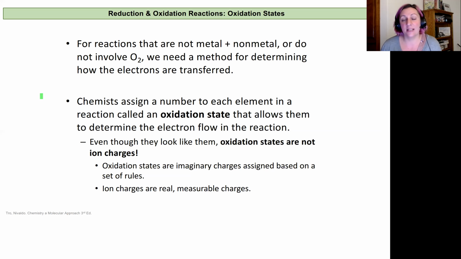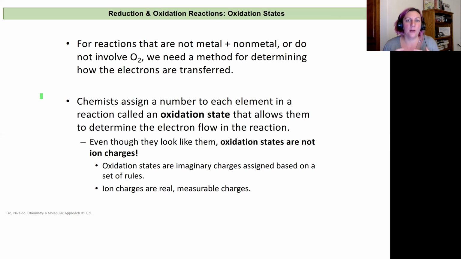And this sometimes is the same thing as the charge of something if it's an ion, but it also allows us to estimate something that's similar to a charge for something that's not charged. And so, especially for reactions that are not metal to metal reactions, where we see the charge of something obviously change, or reactions that don't involve oxygen, we need to see where the electrons are being transferred.